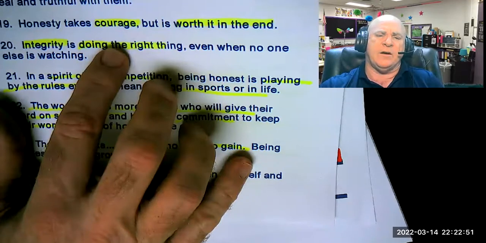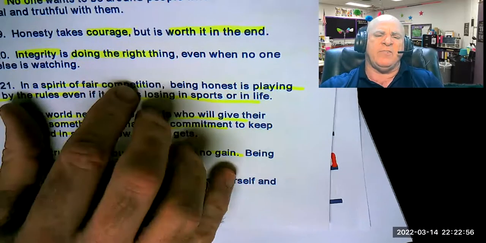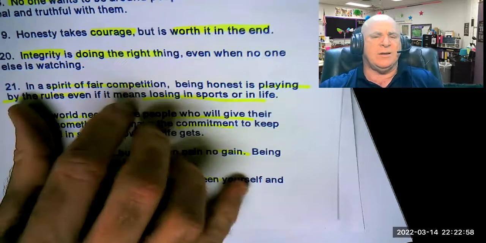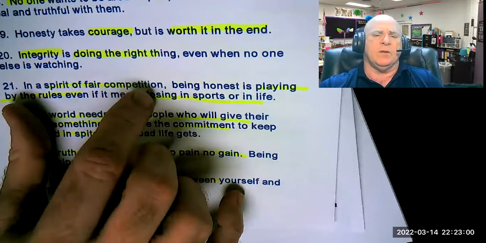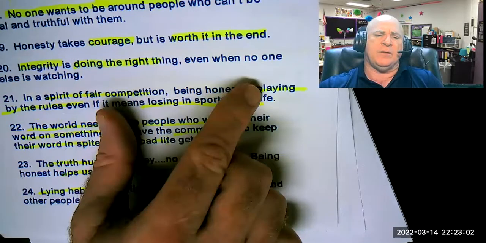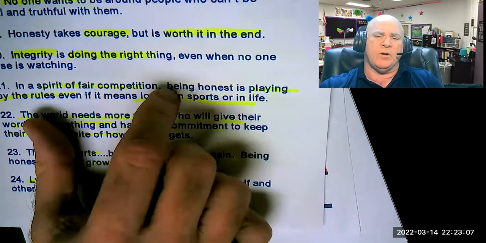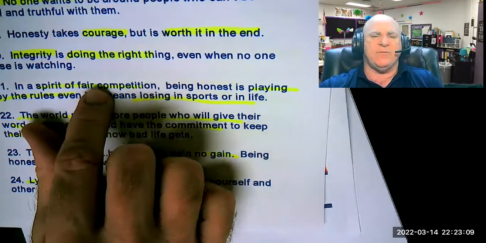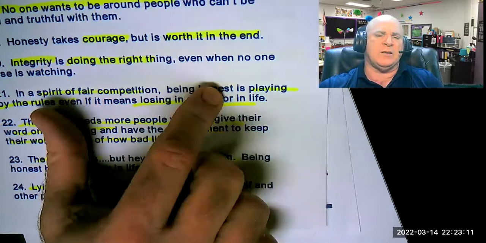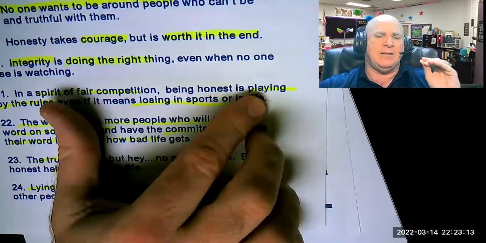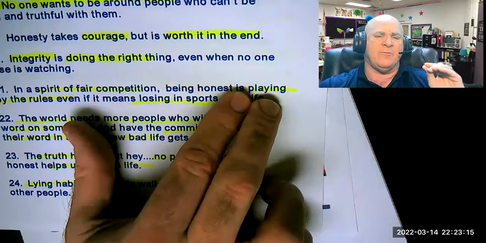In a spirit of fair competition, being honest is playing by the rules, even if it means losing in sports or in life. So, because you talked about playing by the rules, you could either zoom in on just sports or just life. If you play sports, then you could say, I'm going to eliminate the idea about life.